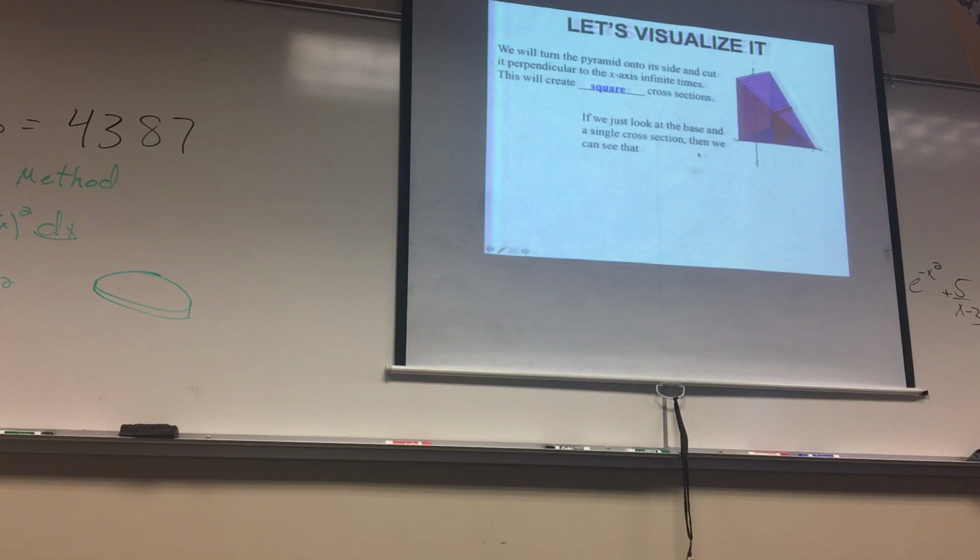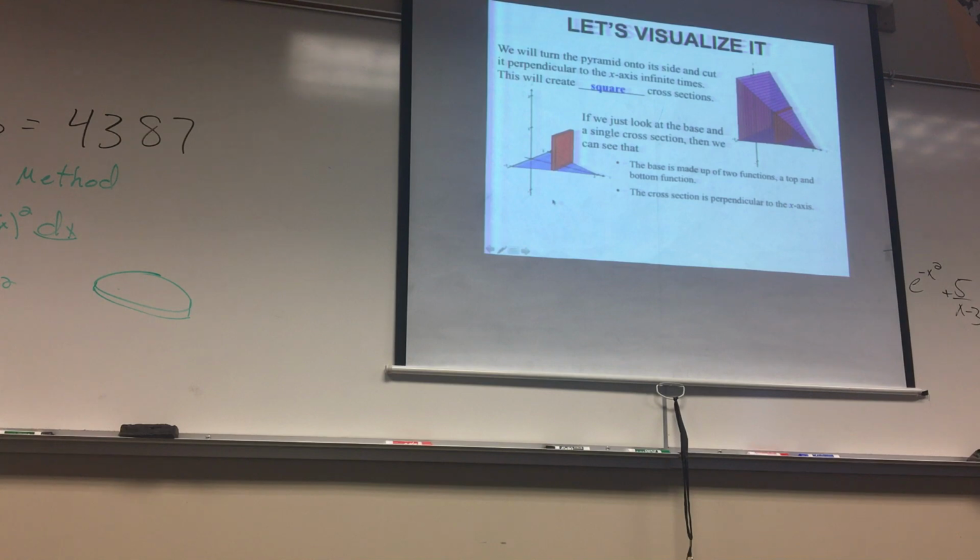Now, if we just look at the base and a single cross section, we see something that looks like this. This is just the base and only one cross section. We can see that the base is made up of two functions, a top function and a bottom function. Here's the x-axis, this is the y-axis, and the 3D is your z-axis.